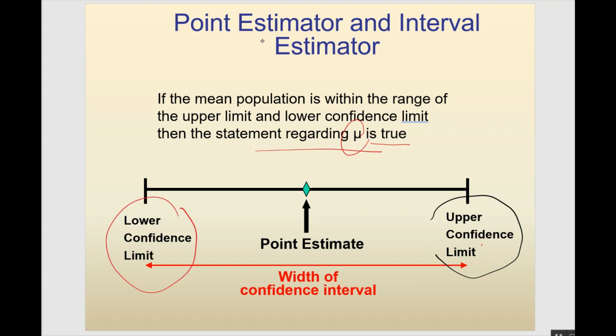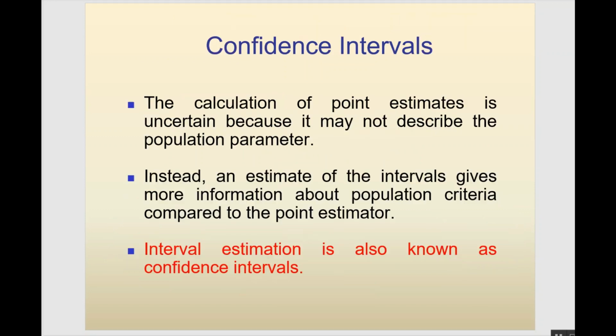This is the width between the lower and upper limits of your confidence interval. The middle one is the point estimate. The point estimate is a single number only, but for the interval we have two.